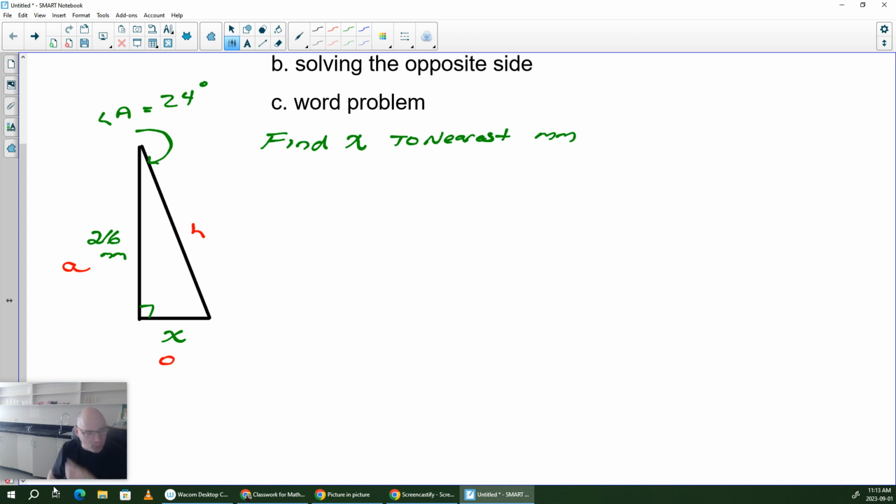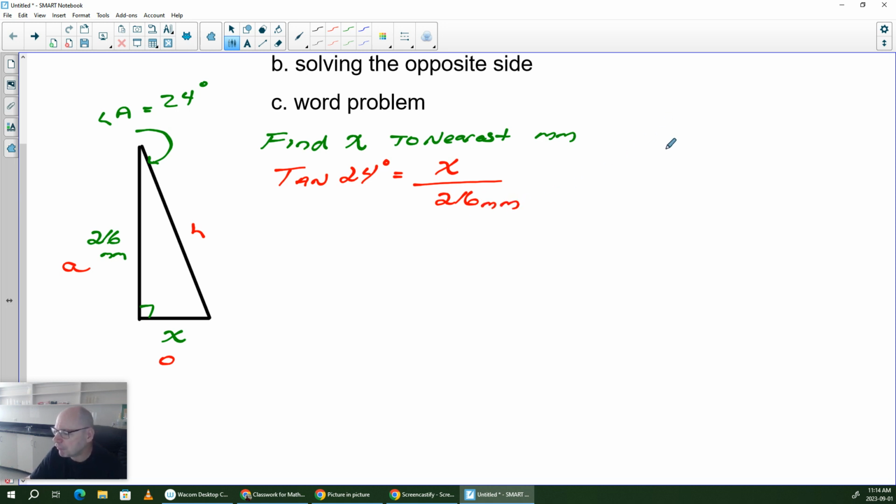So then we are going to look at setting up our trig ratio, tangent. Okay, and we can just put in what they are. Tangent A, or tangent 24 degrees, is equal to the opposite, which is X, over the adjacent, which is 216 in this case.